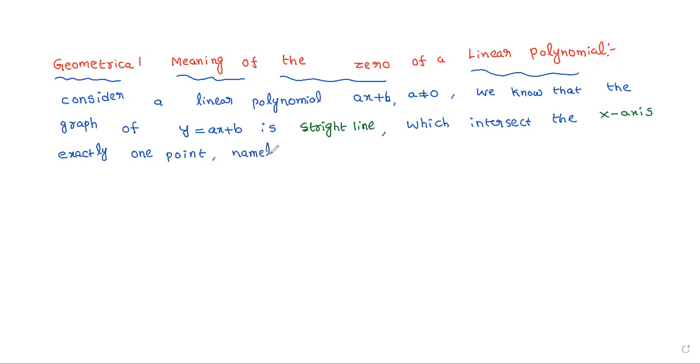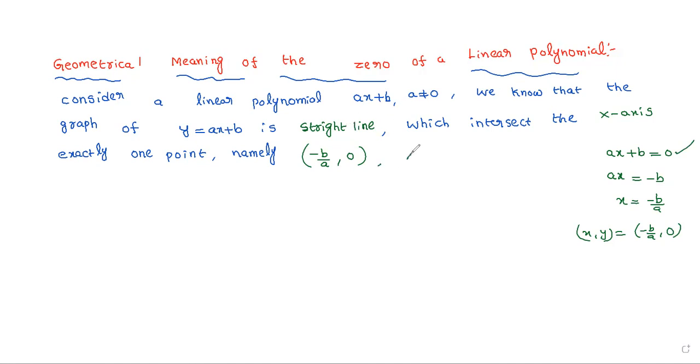Very, very important. Namely, what is the point? Minus b by a comma 0. The point lies on the x-axis. That means ax plus b equal to 0, so ax equal to minus b, x equal to minus b by a. The point x comma y lies on the x-axis: minus b by a comma 0.